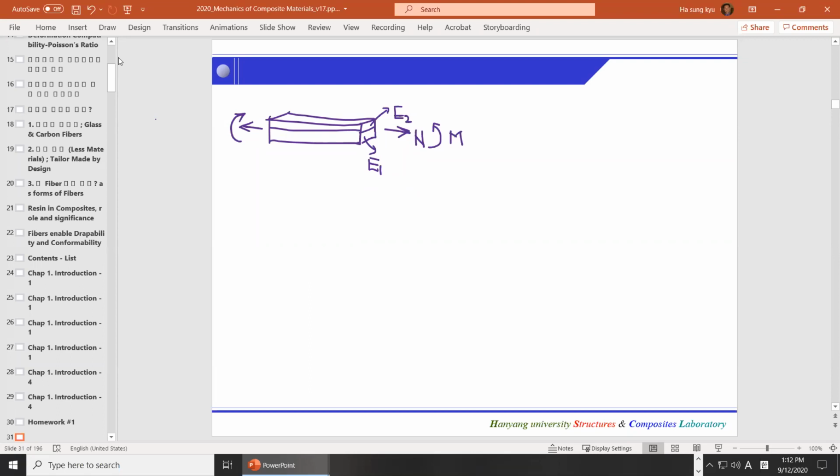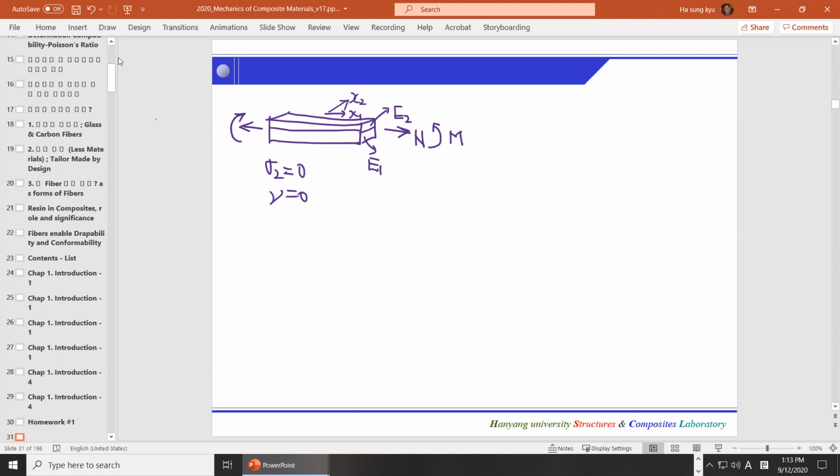Beam means that sigma 2 equals 0. 2 means this direction. Let's call x2 and x1. So since sigma 2 equals 0, we assume that. That means that we can assume the Poisson's ratio equals 0. So all the material property we need is just Young's modulus E1 and E2.